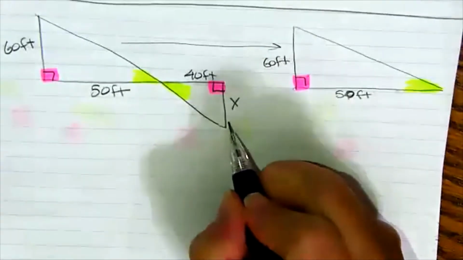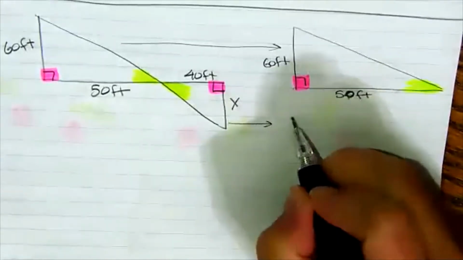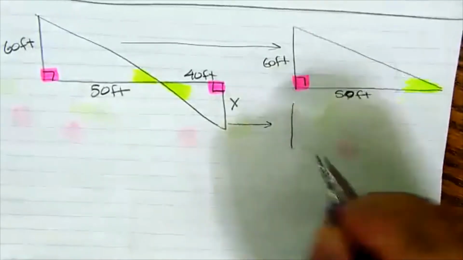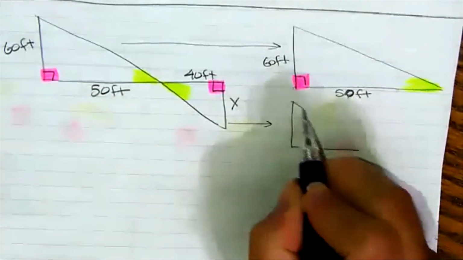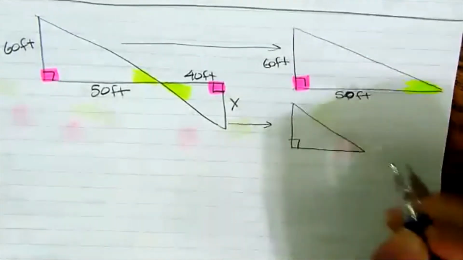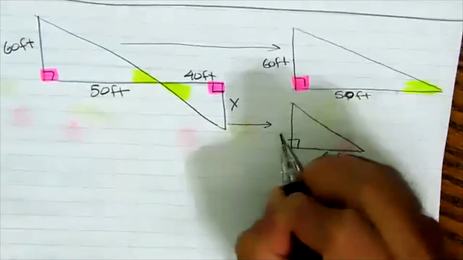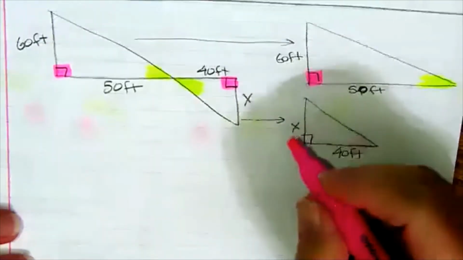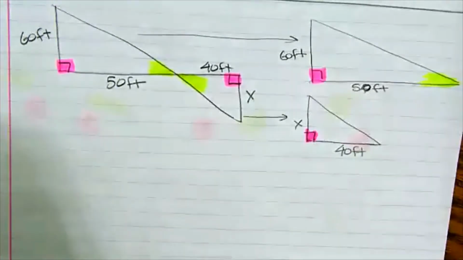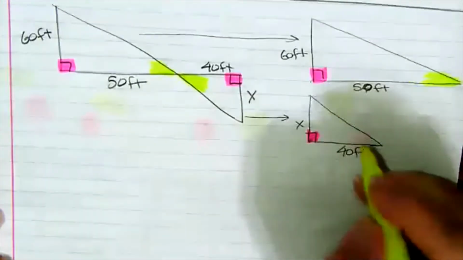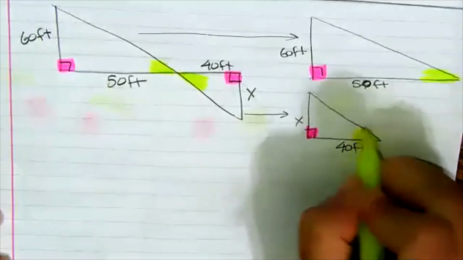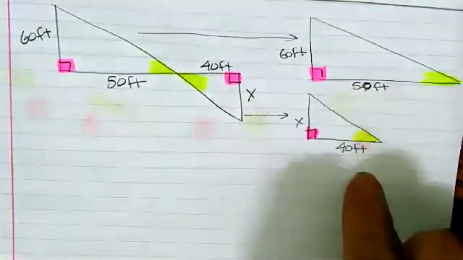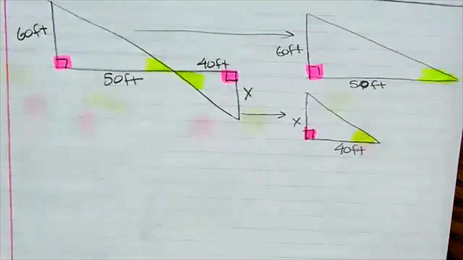Now I'm going to rotate this triangle so that I can find my corresponding parts. So here's this triangle. I rotated it. Here's my right angle. And here is my vertical angle. So now I'm going to use corresponding parts and set up a proportion.